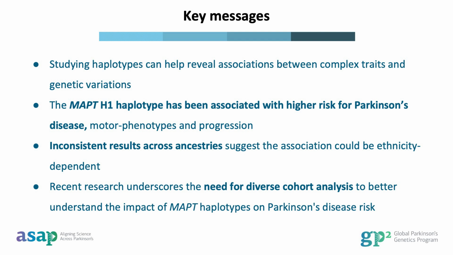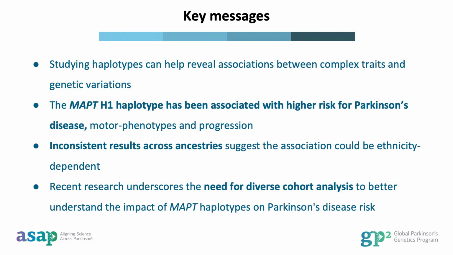In summary, studying haplotypes can help us reveal associations between complex traits and genetic variations. The MAPT H1 haplotype has been associated with increased risk for Parkinson's disease, as well as motor phenotypes and disease progression.